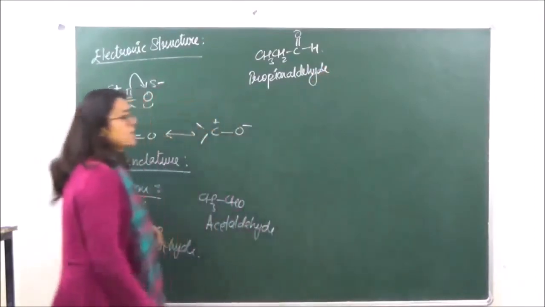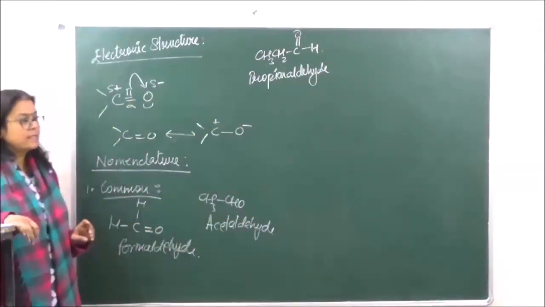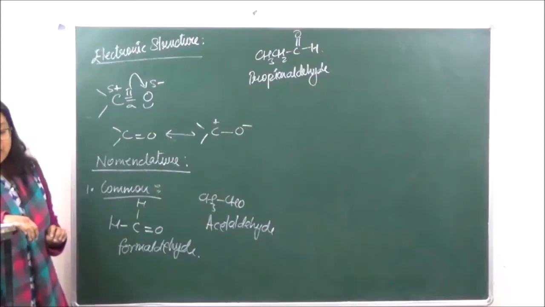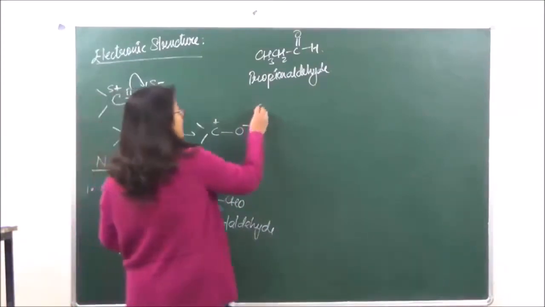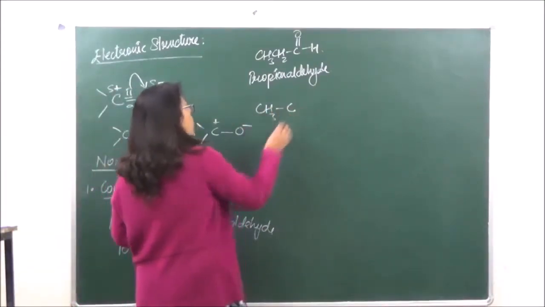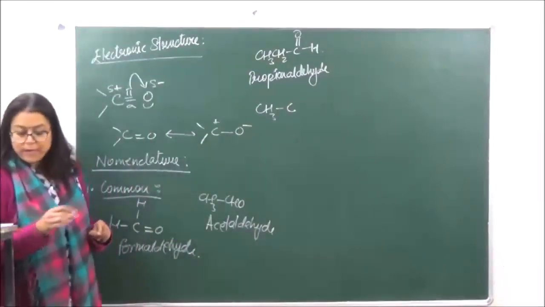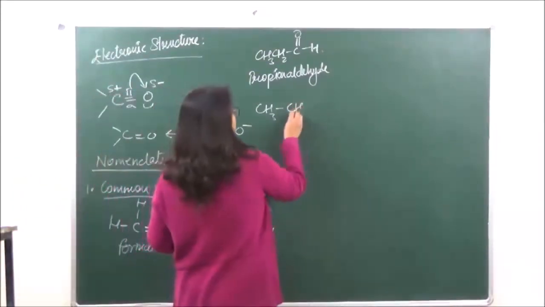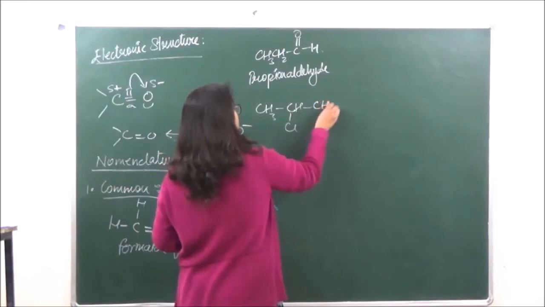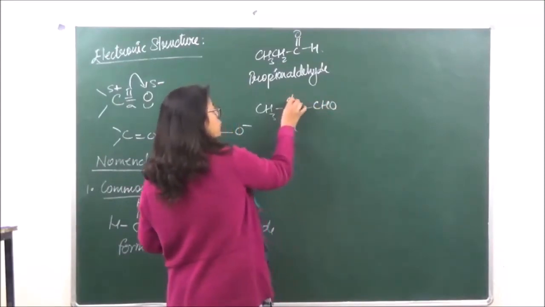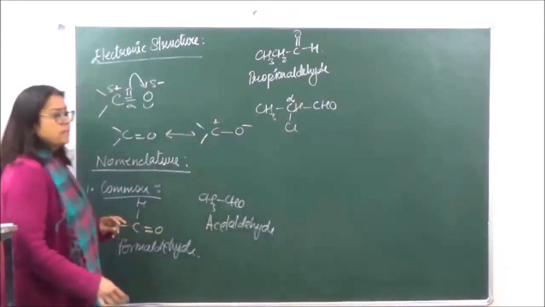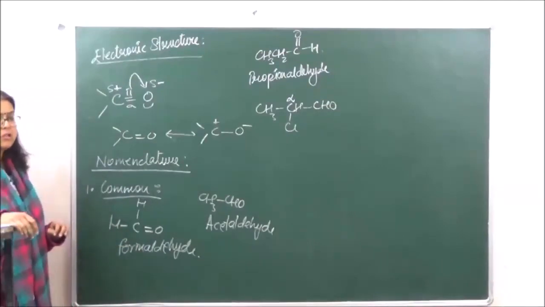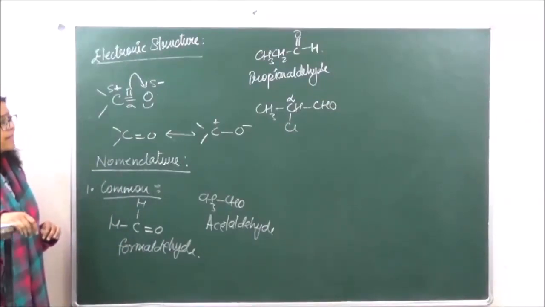This is known as propione aldehyde. Then we have a compound in which there is one substituent present. If this is the functional group, this is going to be the alpha carbon atom, the next carbon atom to the functional group. So it is named according to the alpha carbon atom only.